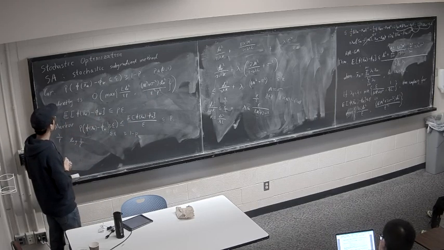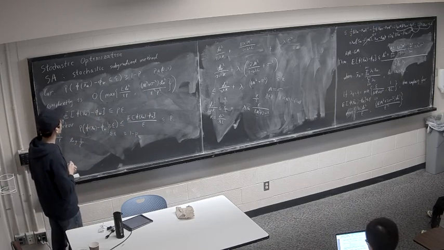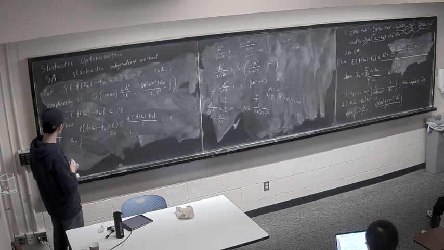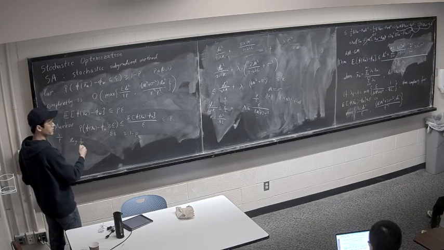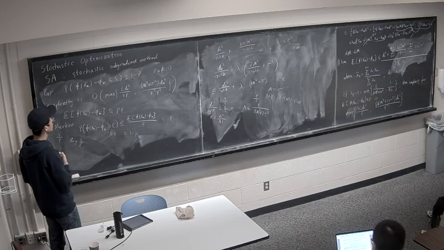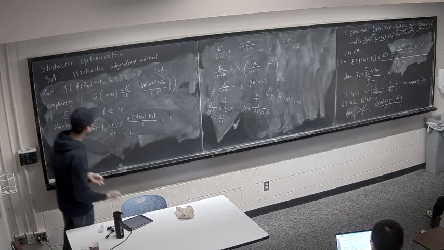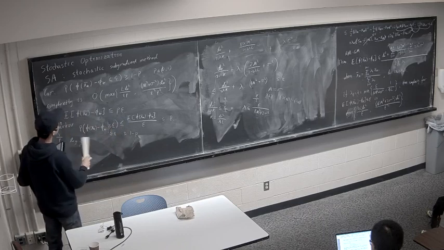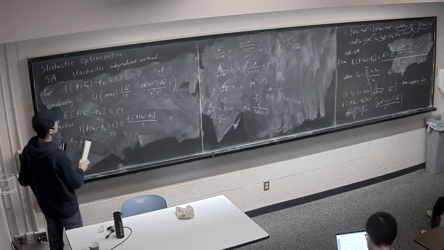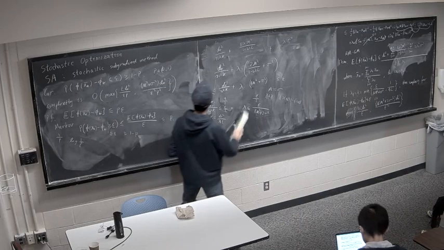That's a better result. But usually that requires a stronger assumption on the noise. Right now we just assume the bounded noise, the bounded variance, right? The expectation of the norm square of S minus F prime is upper bounded by sigma square. That's a very weak assumption. So if you want to achieve higher probability, usually you need to assume some light tail assumption.